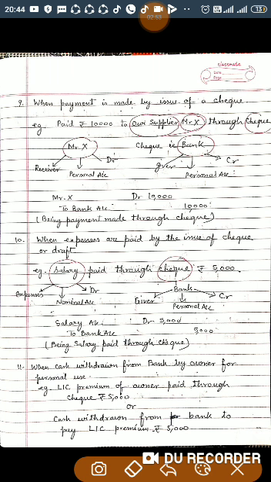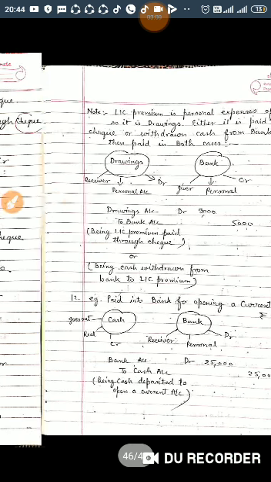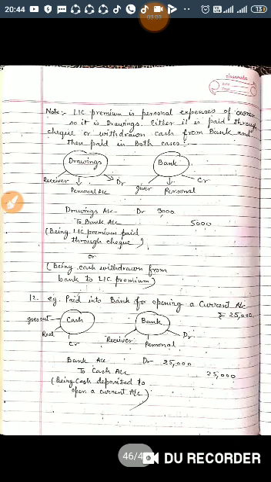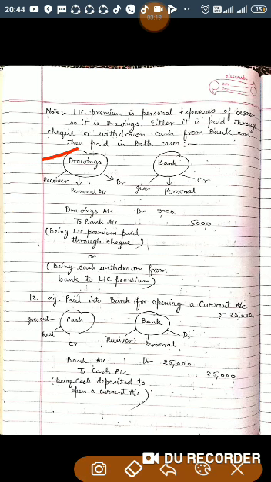In both the cases, if you analyze, two accounts are involved, as we discussed in our class in the beginning about drawings. LIC premium is a personal expense of the owner, so it is drawing. Either it is paid through check or cash is withdrawn from the bank and then paid, in both cases two accounts are involved, drawings and bank. Drawings represent the owner. Whenever the owner withdraws anything, he is represented by drawings.